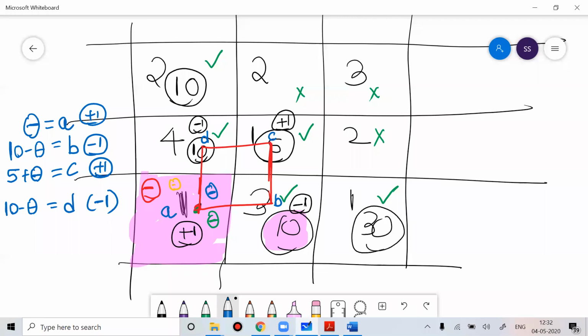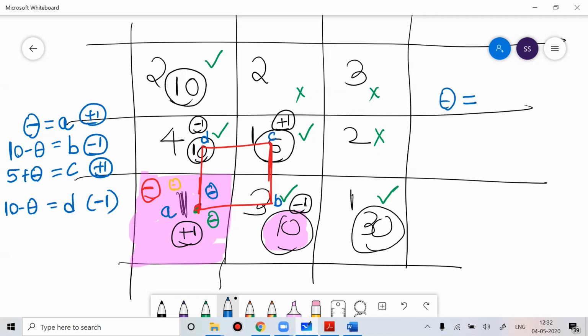If anyone has a doubt, ask me. Now this is the value assigned. A is equal to theta, B is equal to 10 minus theta, C is equal to 5 plus theta, D is equal to 10 minus theta. So what you have to do, guys, is assign a value to theta.